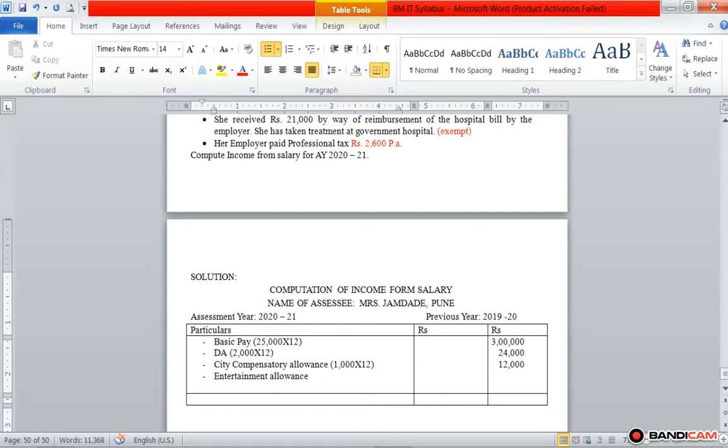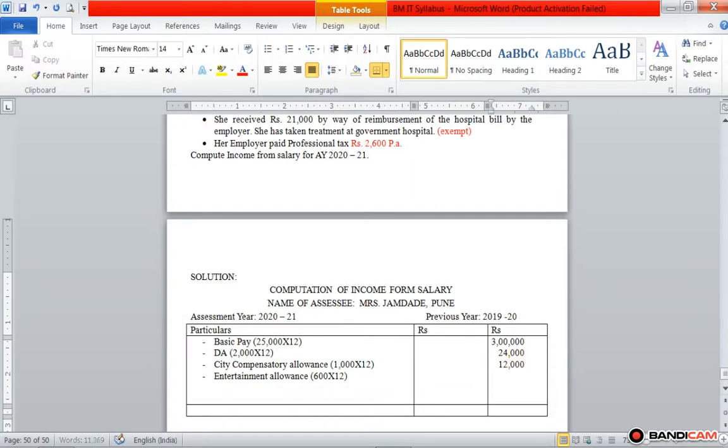Entertainment allowance is 600 per month, so 600 multiplied by 12, we get 7,200, entertainment allowance received during the previous year.